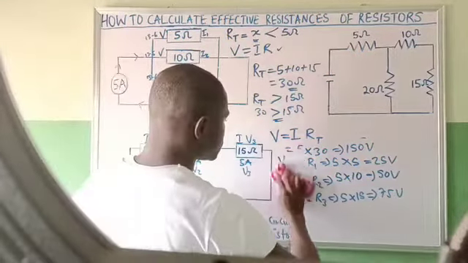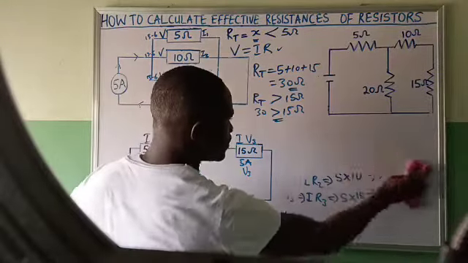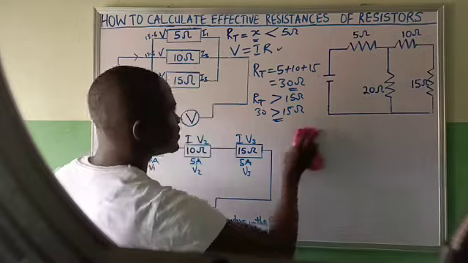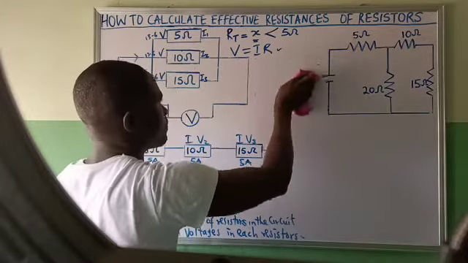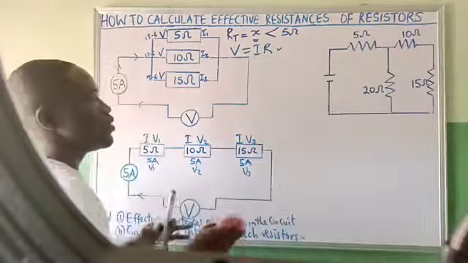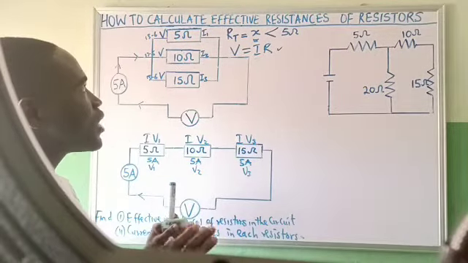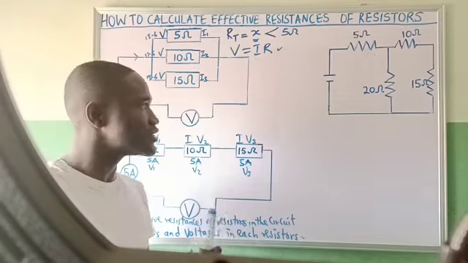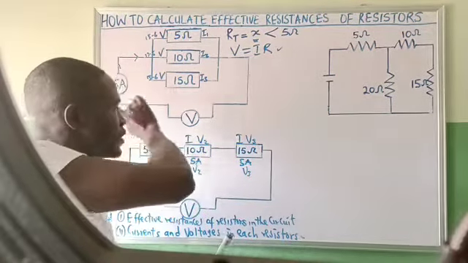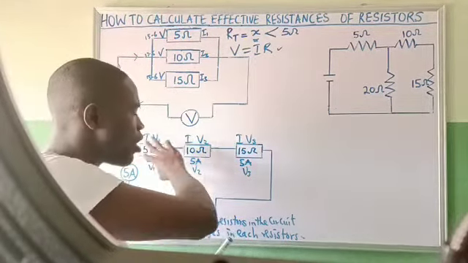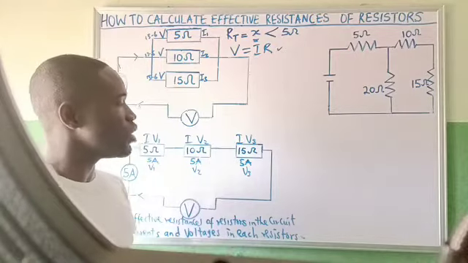In this question, we just want to see how to calculate the effective resistance of the resistors, and how to calculate the voltages and the current of each of the resistors.